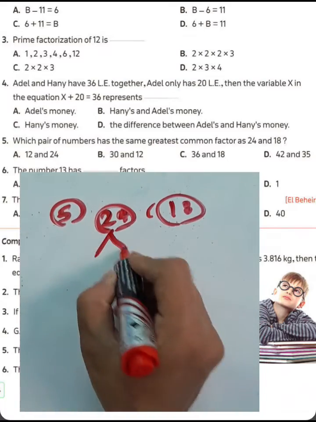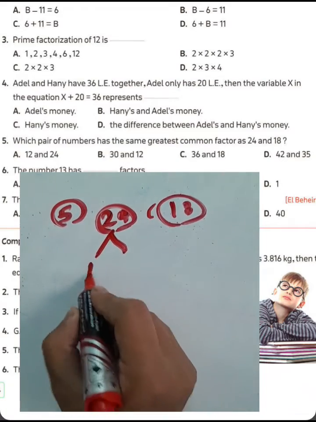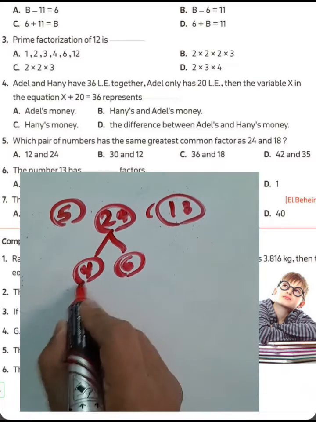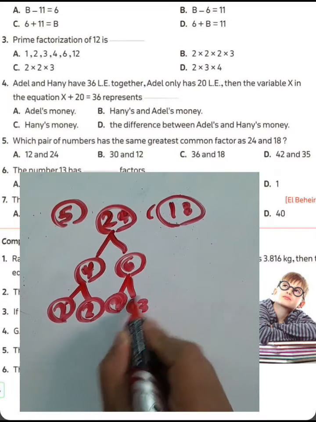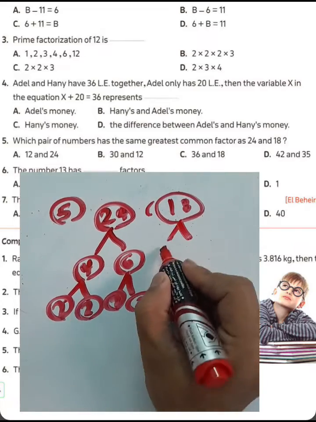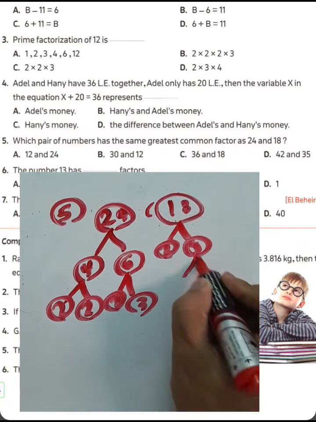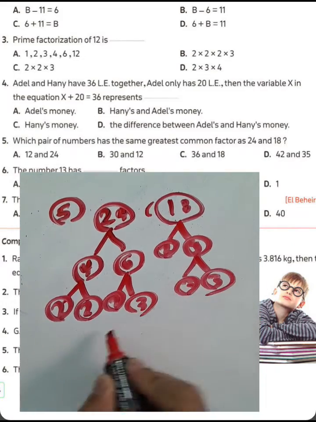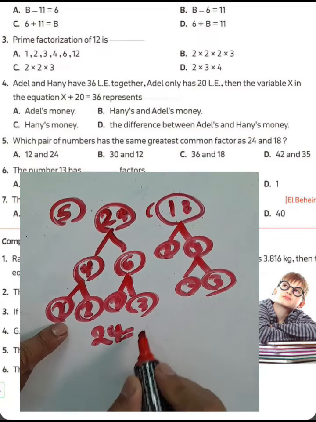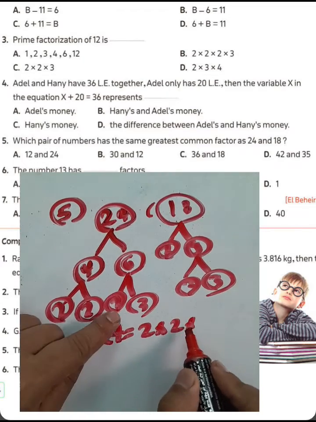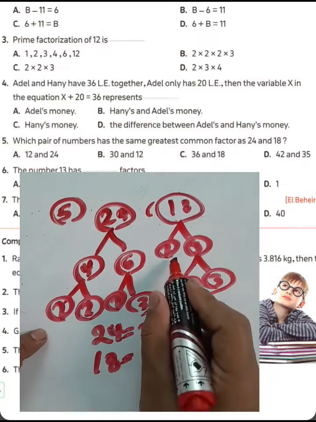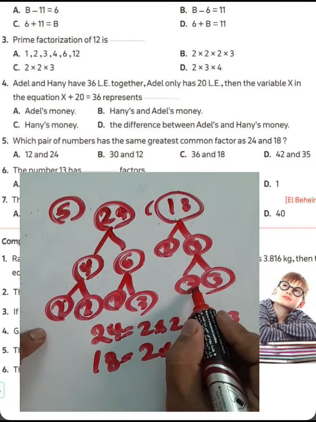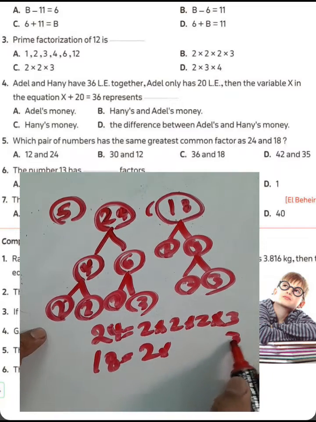Or you can factorize the two numbers. 24 equal 4 by 6. And we know 4 equal 2 by 2 and 6 equal 2 by 3. And now 18 equal 2 by 9 and 9 equal 3 by 3. Then you can write 24 equal 2 by 2 by 2 by 3. And here 18 equal 2 by 3 by 3.